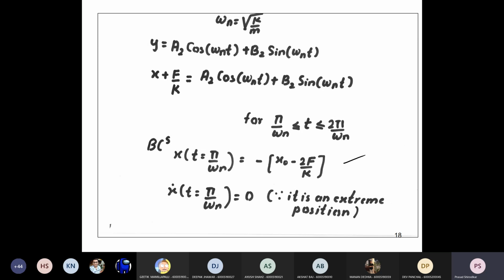Okay, one is for the displacement, one is for the velocity, and you get, for the first boundary condition, x plus f by k is equal to a2 cos pi plus b2 sine pi.